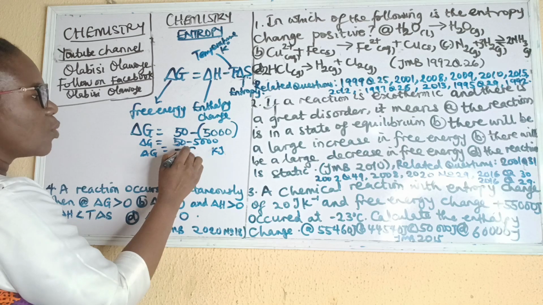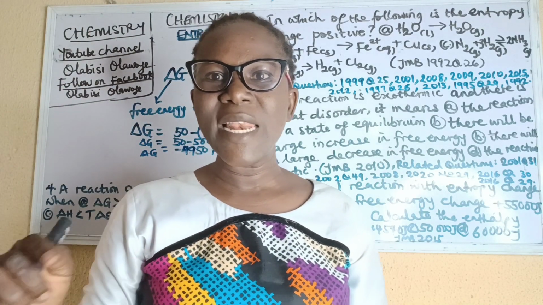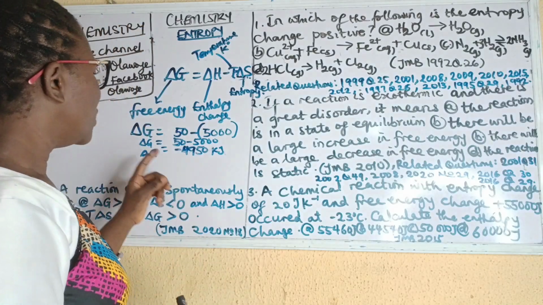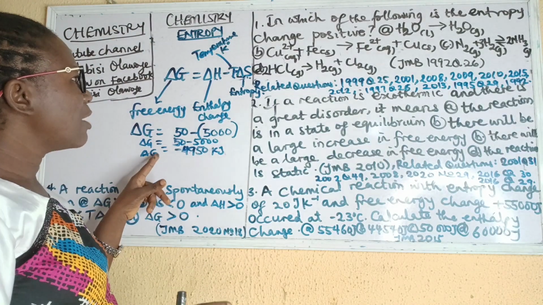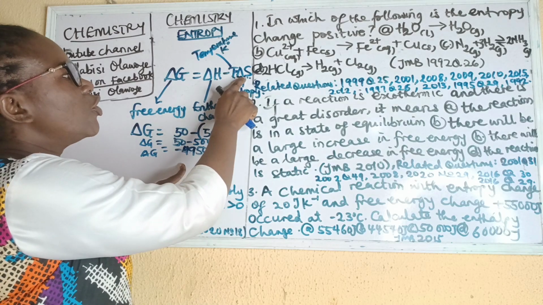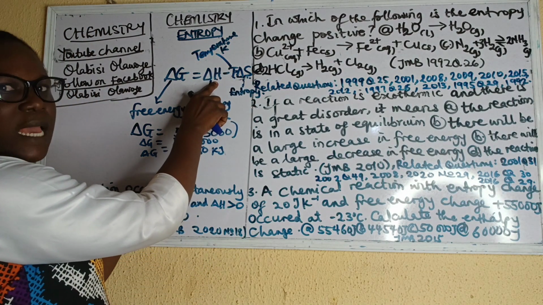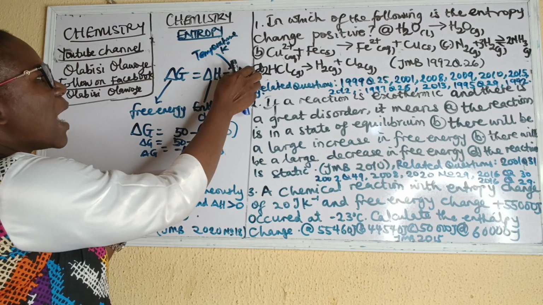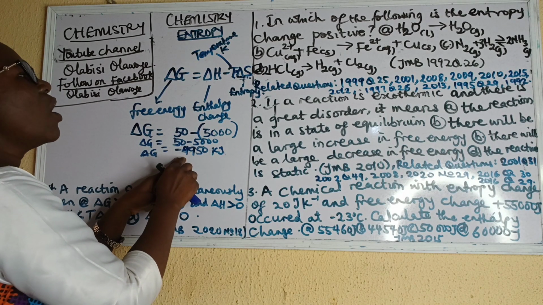So with this, we can determine if ΔG will be negative or positive. So ΔG, which is the free energy of a reaction, is negative if the temperature and entropy term is higher than the enthalpy. If you deduct a higher value from a lower value here, definitely you get a negative answer.